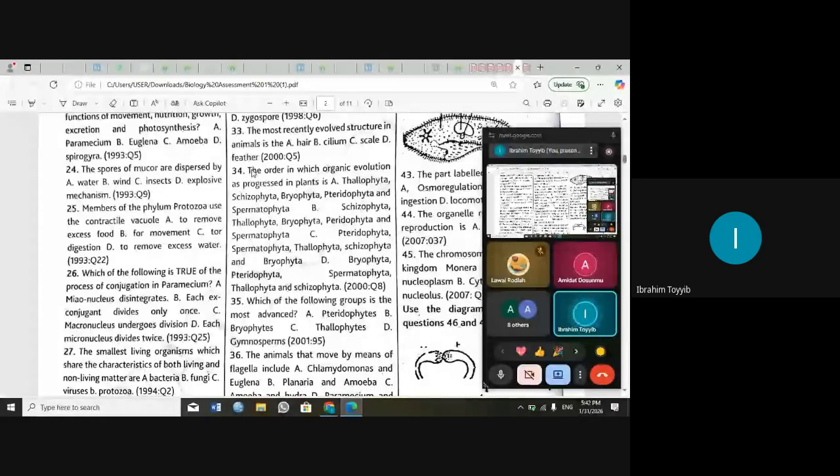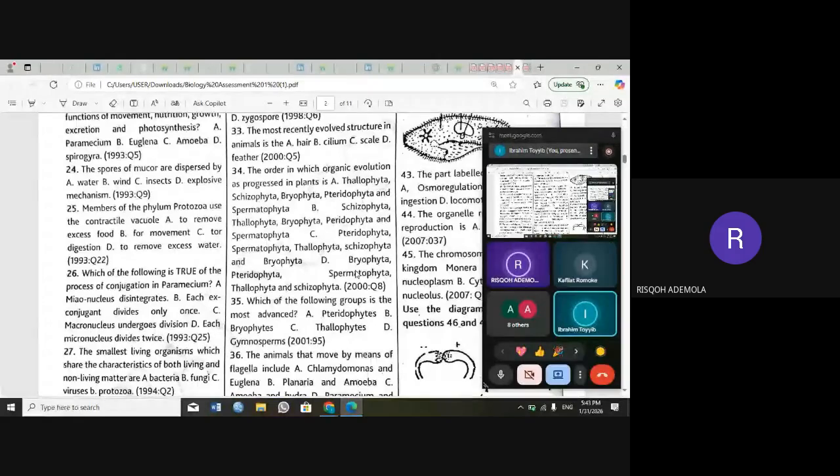So look at this. The order in which organic evolution has progressed in plants is, if you remember, when I was teaching you plant kingdom, what is the first plant phylum I wrote for you? Thallophyta, right? Followed by what? Bryophyta.